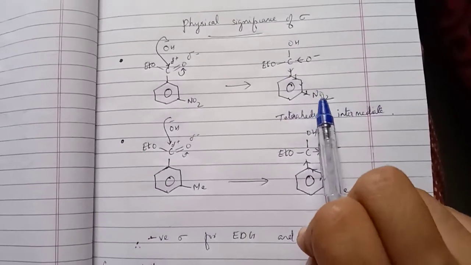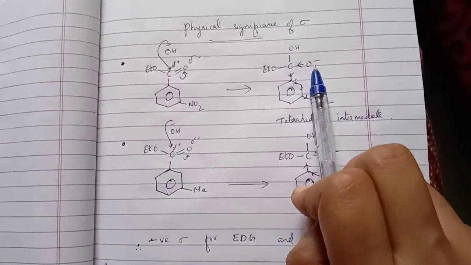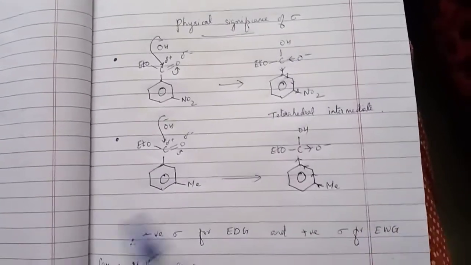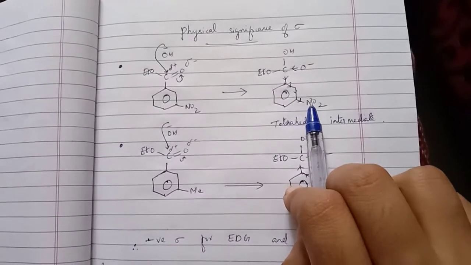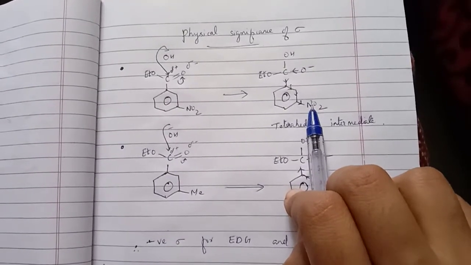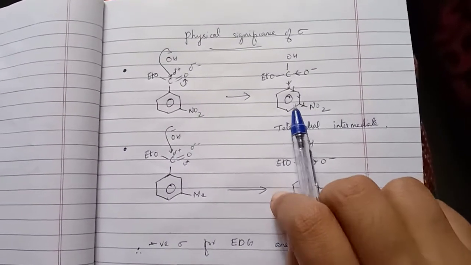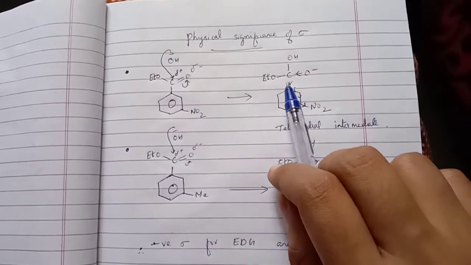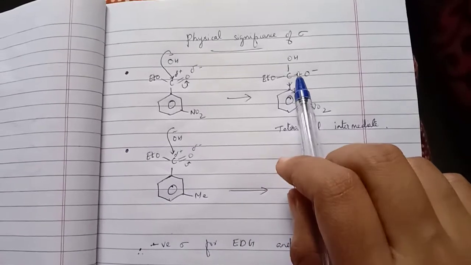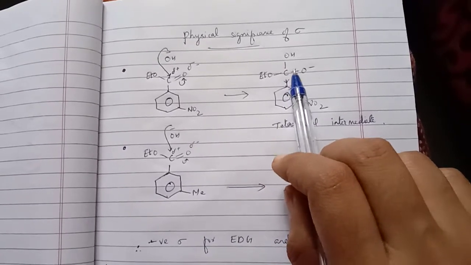If the substituent increases the negative charge on the oxygen, then the tetrahedral intermediate will be destabilized. The nitro group has a minus I effect as well as a minus R effect. We show the negative effect by an arrow like this.